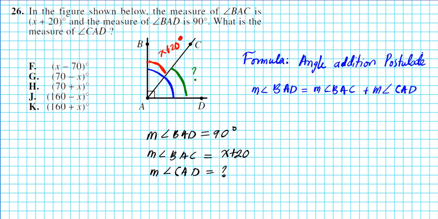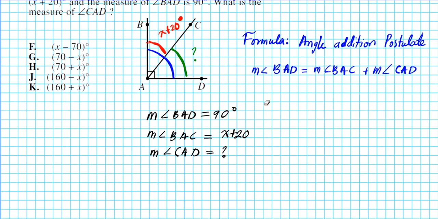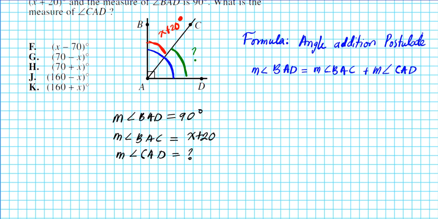Okay, let's set up our equation. The measure of angle BAD is equal to the measure of angle BAC plus the measure of angle CAD.